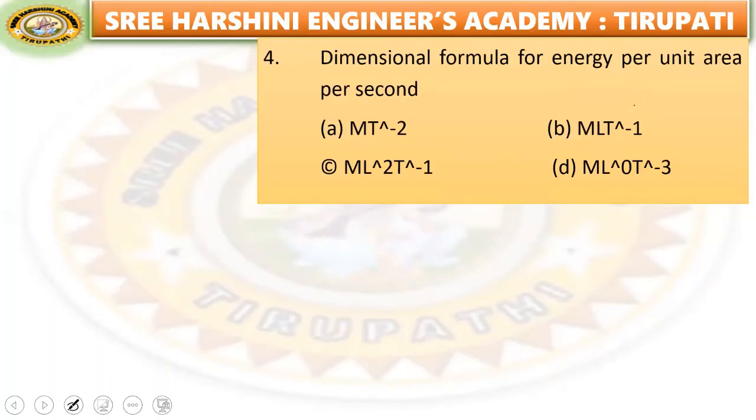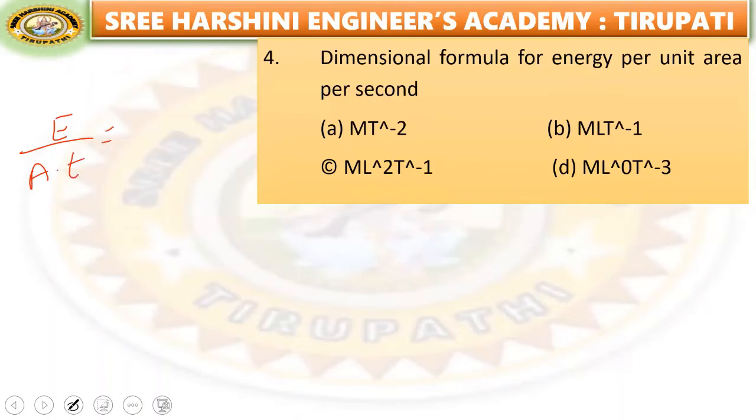Dimensional formula for energy per unit area per second. Energy is denoted with the letter E. So energy by area into second.